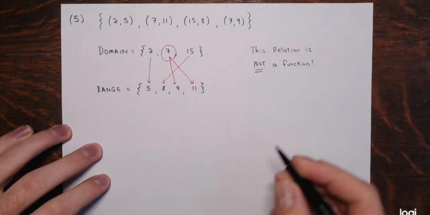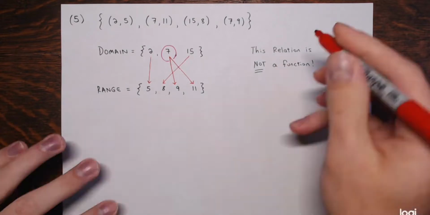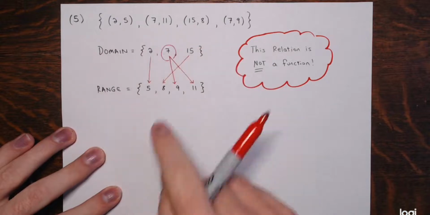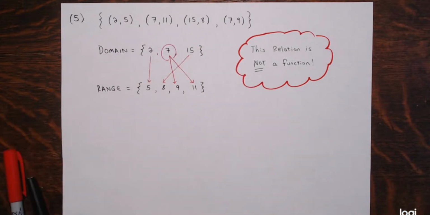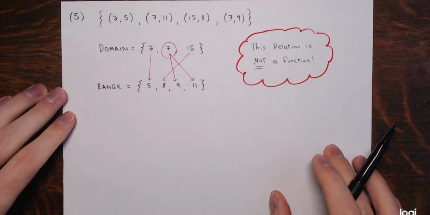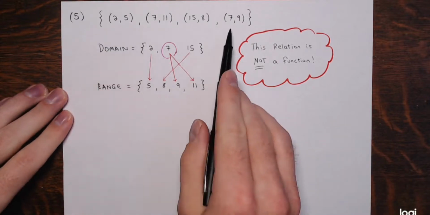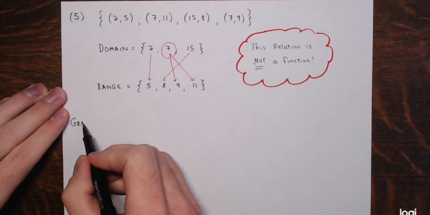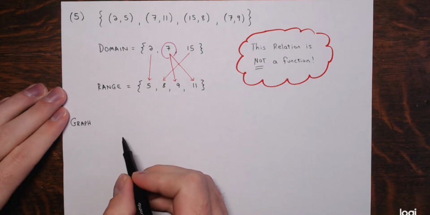Okay. Easy enough. Now, when you have pairs of numbers, like number 5 is here, and I guess I could have done this with number 4 as well, because there were also pairs of numbers. But when your ordered pairs are pairs of numbers, you can also make a graph on the xy plane.